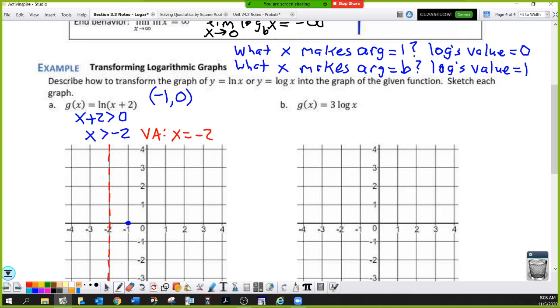Now that's a tricky question, because your base is e, right? So what number would give us e in there? Well, we're just going to logic our way through it. We need x plus 2 to equal e. That's kind of difficult with ln's, but what it's going to be is e minus 2.